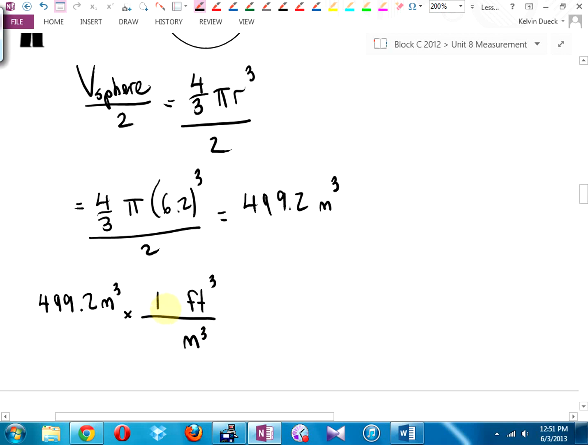1 foot equals 0.3048 meters. But Marcus, since it's meters cubed and feet cubed, what will I have to do with these conversion factors? Cubed. The 1 cubed won't make a difference. Oh, you know what? It's going to be 499.2 divided by 0.3048 cubed.